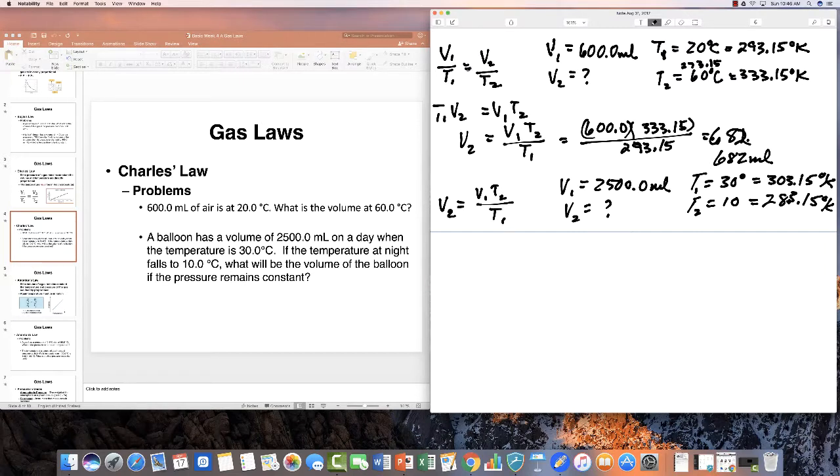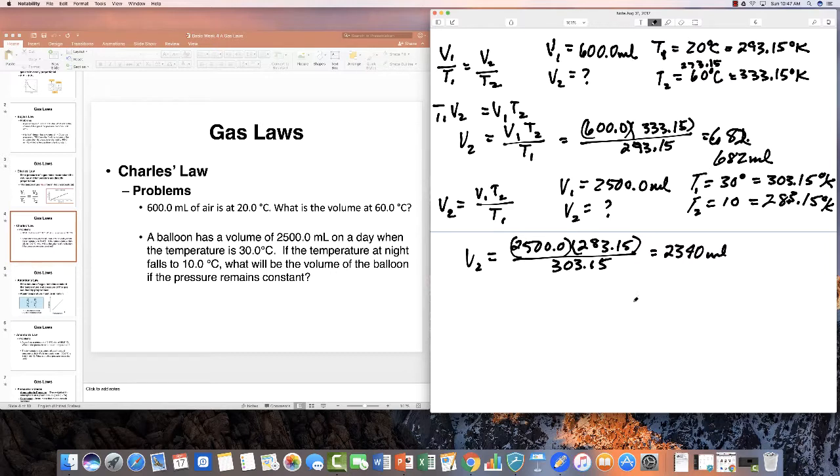I'm not going to rewrite all this again. You can do that if you want. V2 now is going to equal 2,500 times T2, 283.15, divided by 303.15. If we do this math, again to three significant figures, it's going to be 2,340 milliliters.